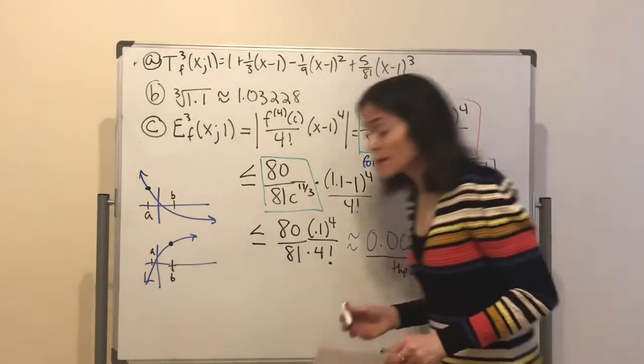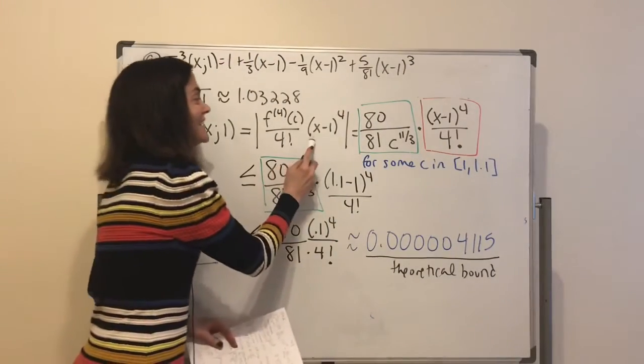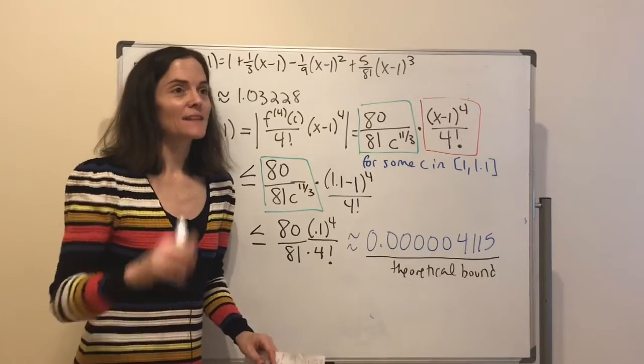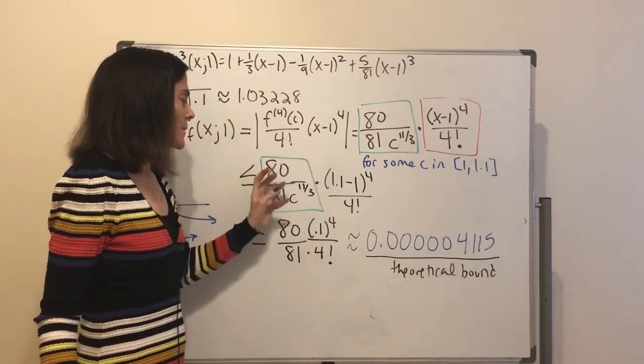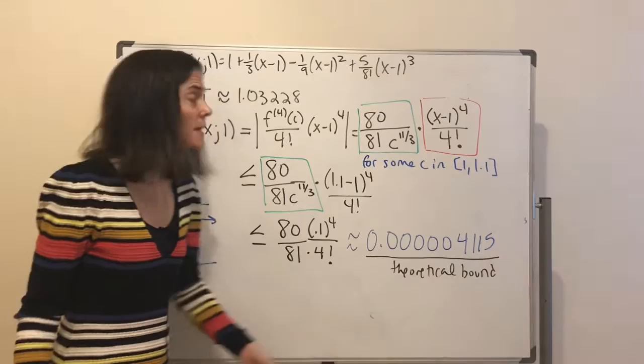Okay, it's a theoretical bound. We computed it using this theorem about the fact that the remainder, that there exists this C, right? So that this is the remainder, and then we looked at how big can this be. It's a theoretical bound.